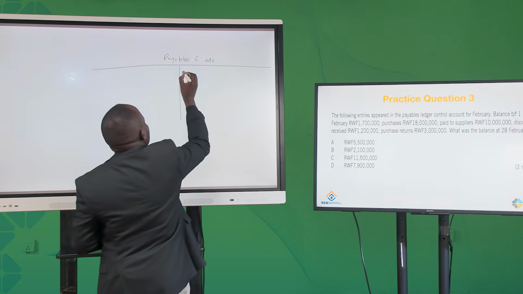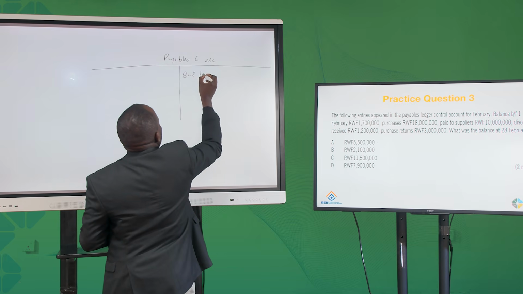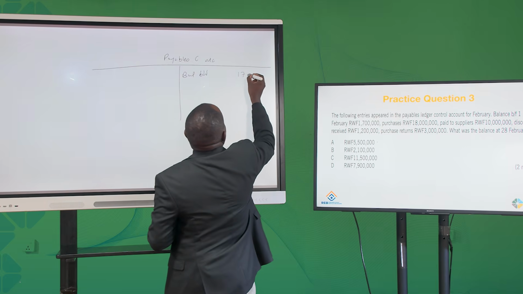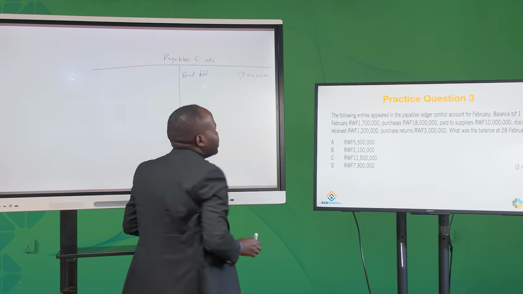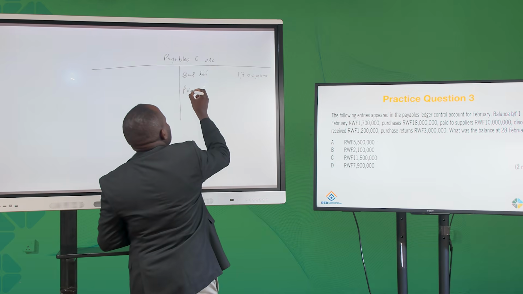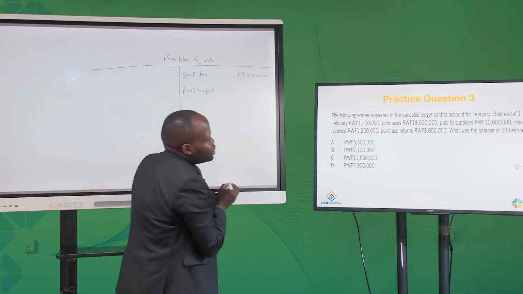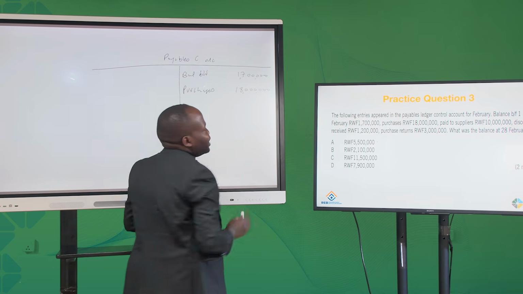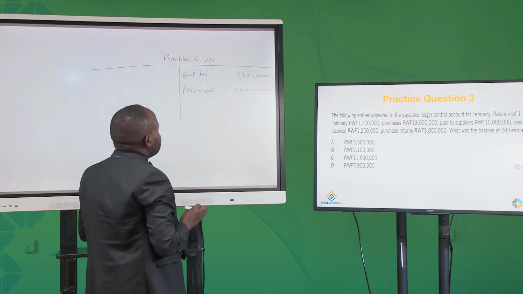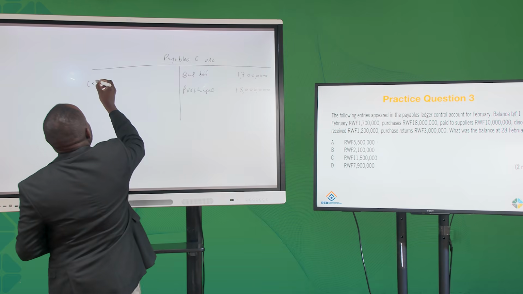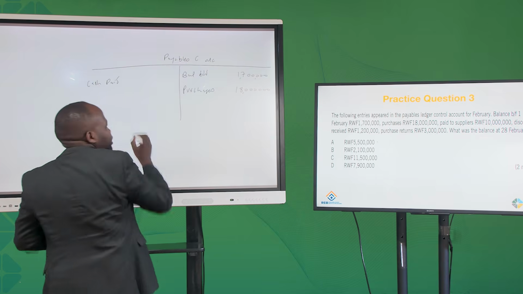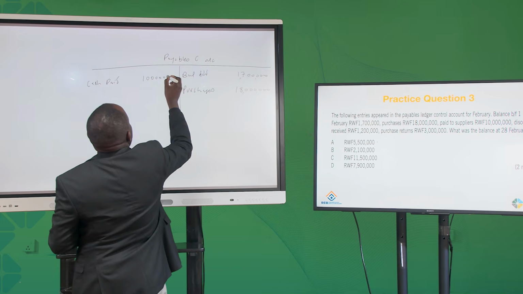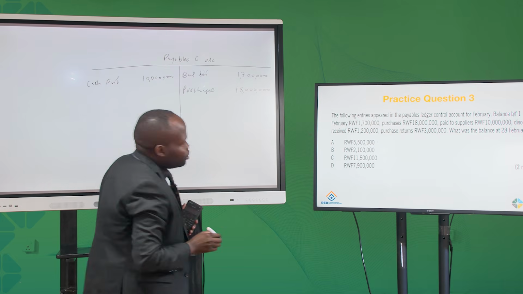In a payables control account, the opening balance is a credit. Balance brought down is a credit of 1,700,000. Next, purchases are 18 million. What has been paid? Cash paid to suppliers is 10 million.